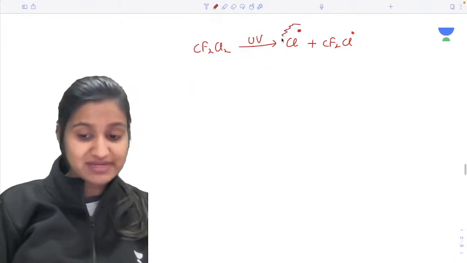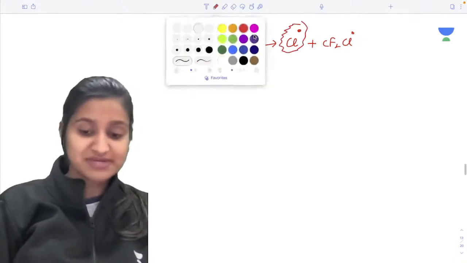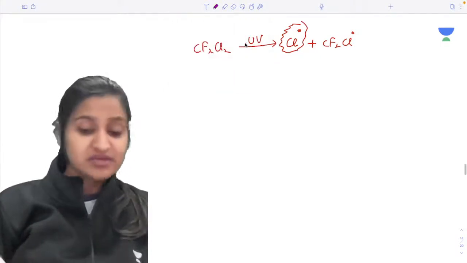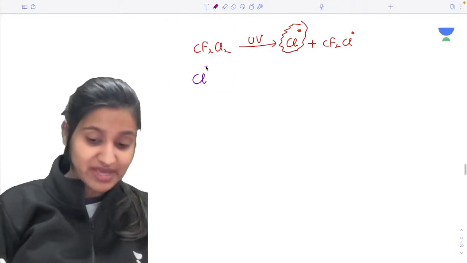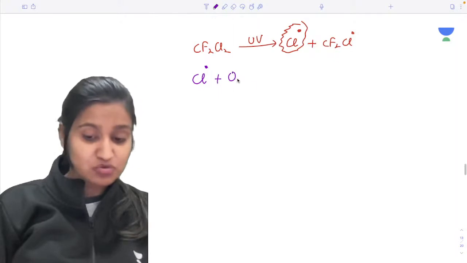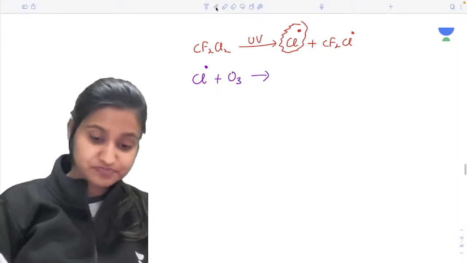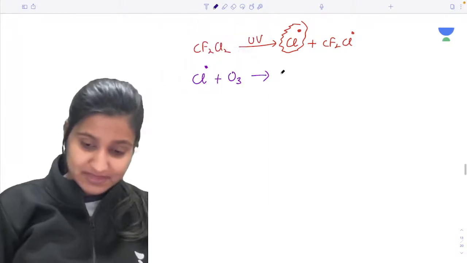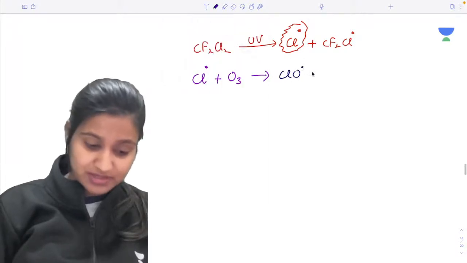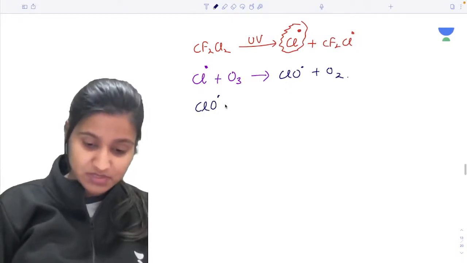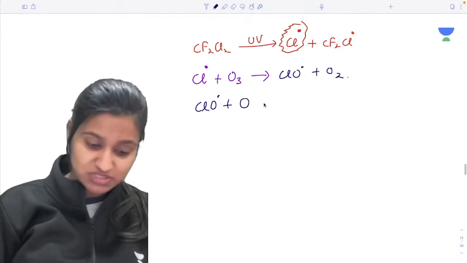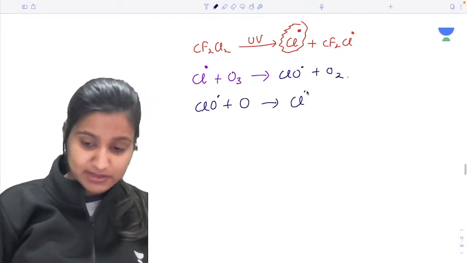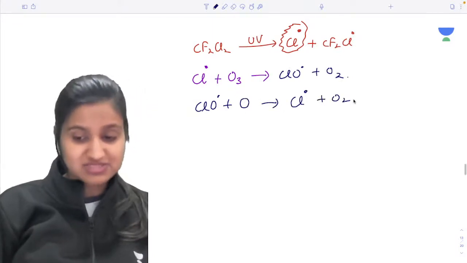Now this free radical, जो अभी ये क्लोरीन फ्री रेडिकल जनरेट हुआ है, यही फ्री रेडिकल जो है react करेगा ओजोन के साथ and it will form ClO radical plus O2, and this ClO radical further reacts with oxygen to form chlorine radical and oxygen gas.